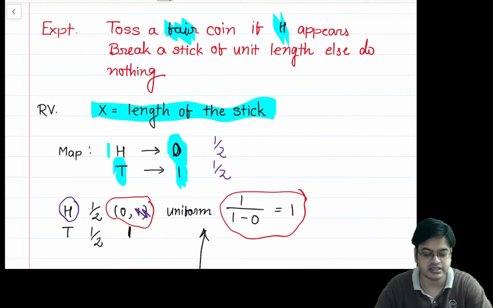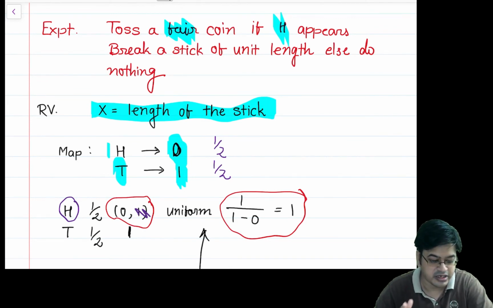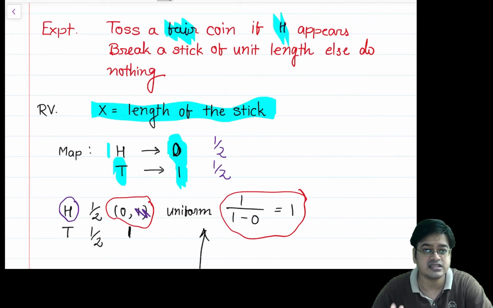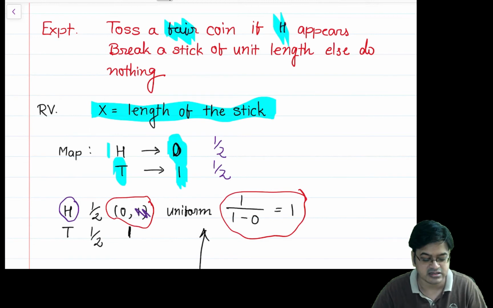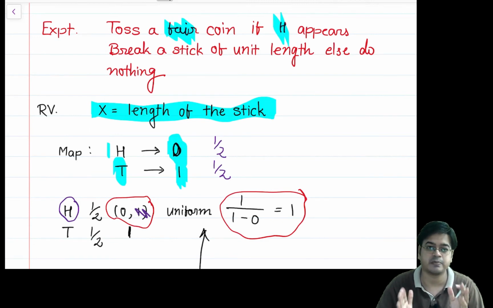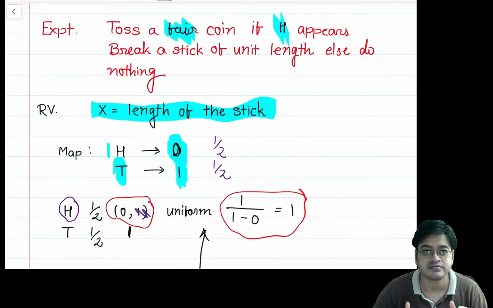For example, if X is continuous, we have already proved that the probability of X equal to x is 0. But what is the probability of X equal to 1? It is greater than or equal to half, because if tail occurs, I will get the stick back, that is with probability half.